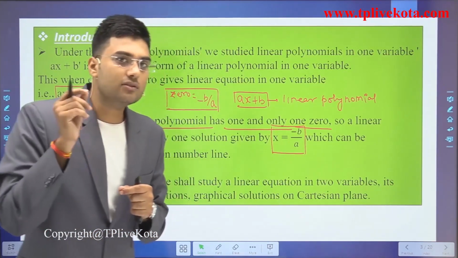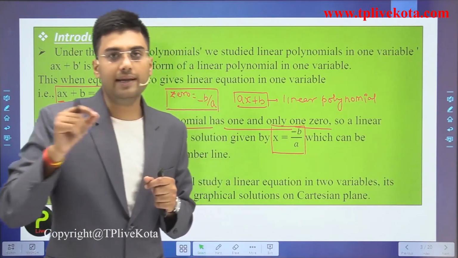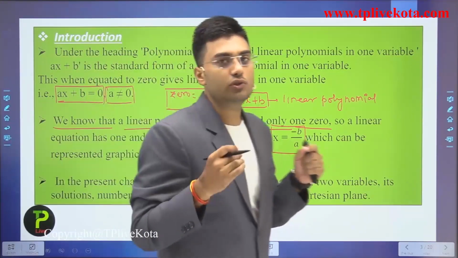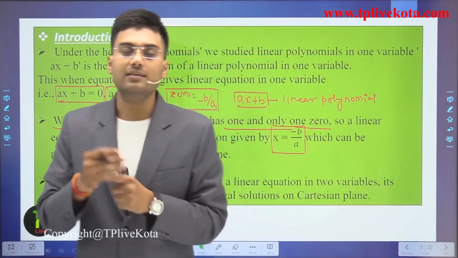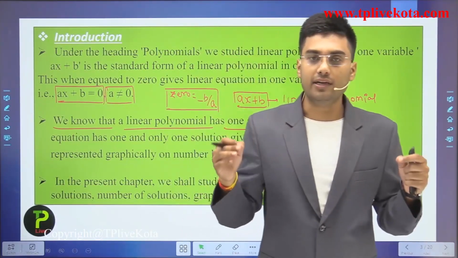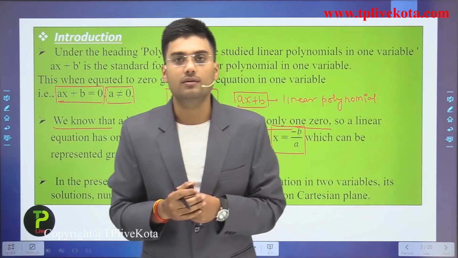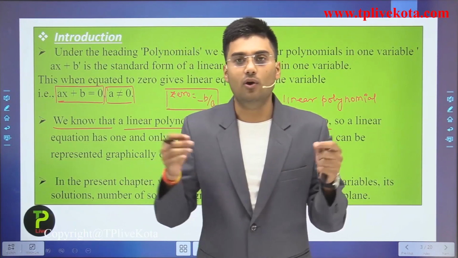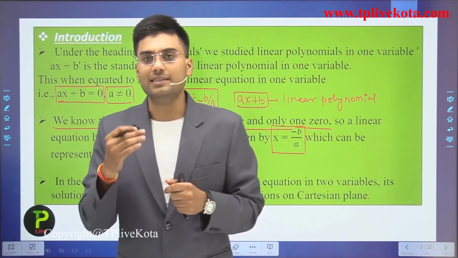To represent the solution of a linear equation in one variable, we use a number line, but to represent the solution of a linear equation in two variables, we use the Cartesian coordinate plane. What the Cartesian coordinate plane is, we already discussed in previous classes. So now let's start.